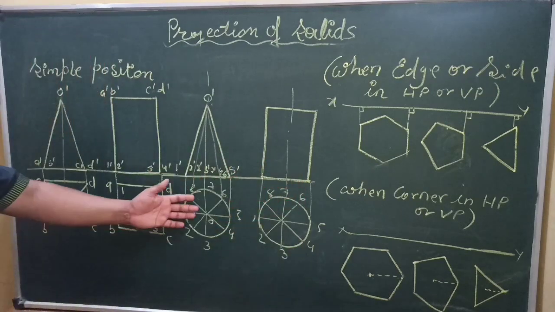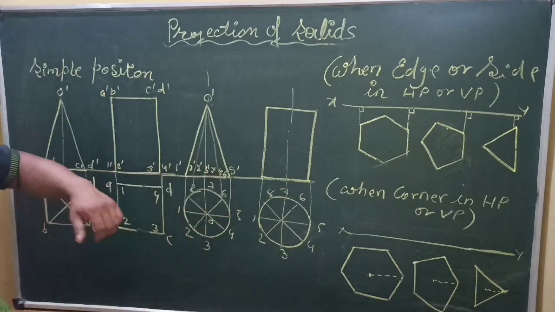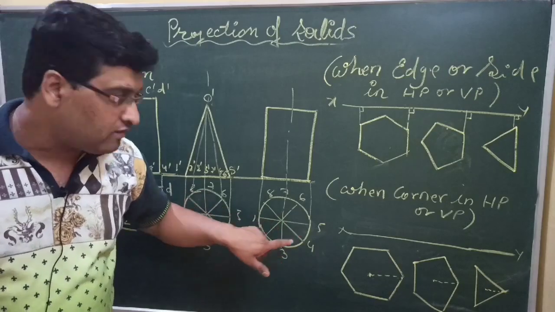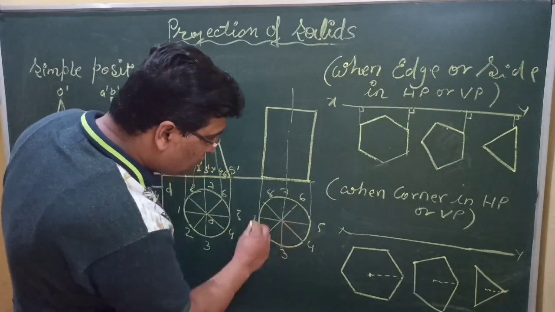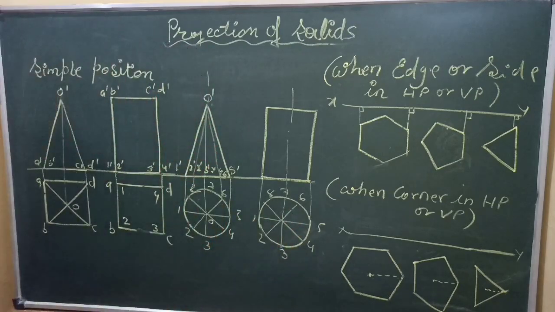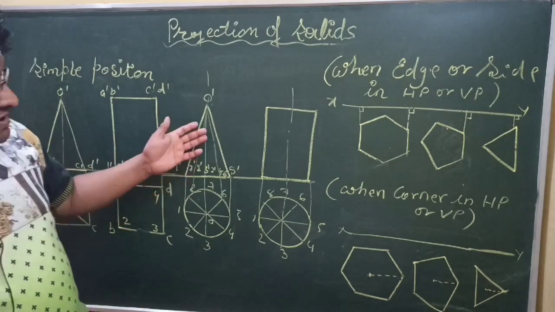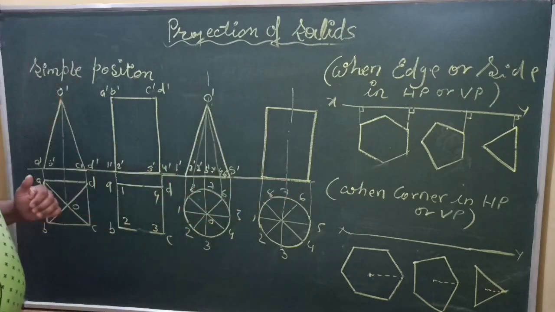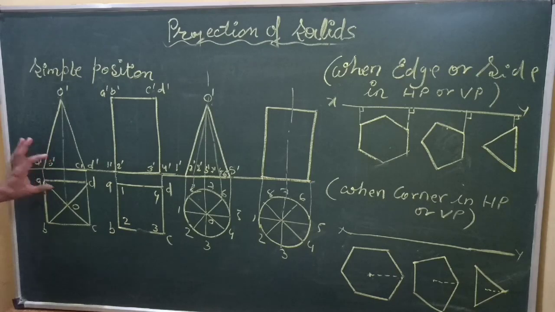In case of cone and cylinder, you are having circles in the top view. That circles must be divided in either 8 or 12 equal parts, so that we are getting some intersection points here, right? And in case of cone, only apex will be shown with O dash or O. You can take other notations also, and one base is there.